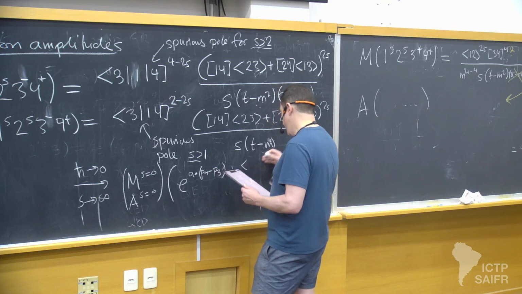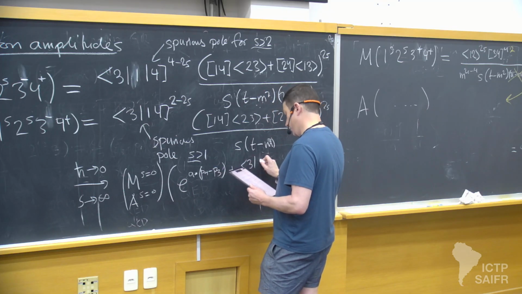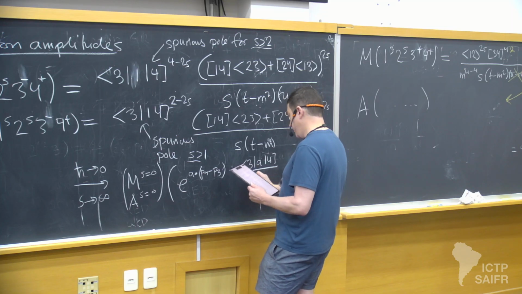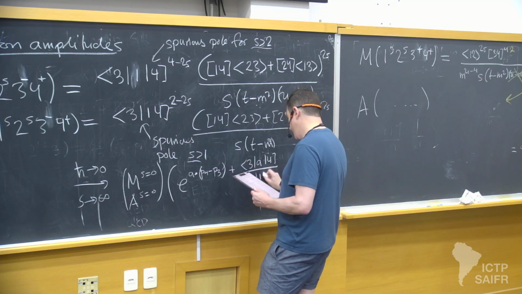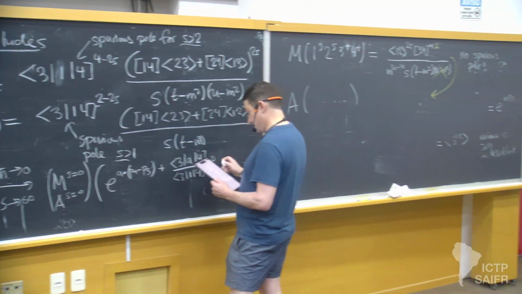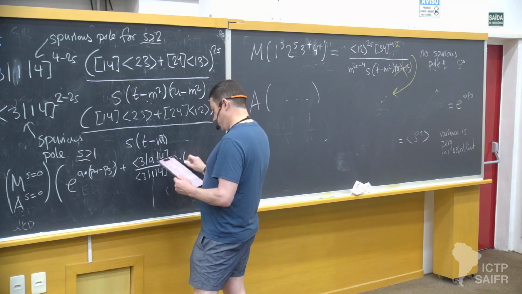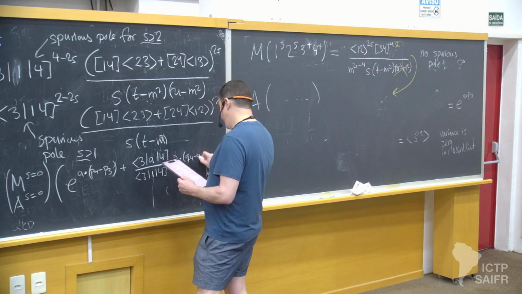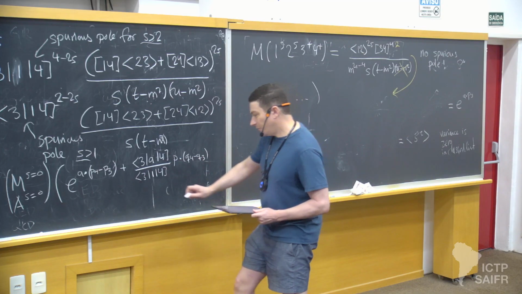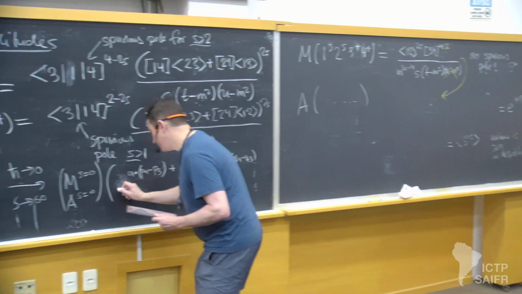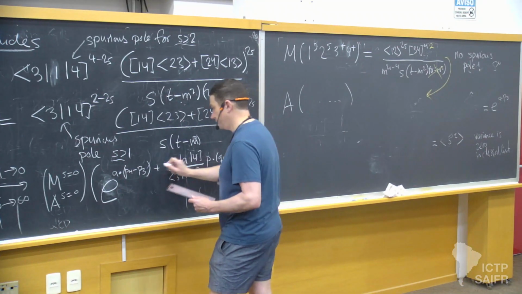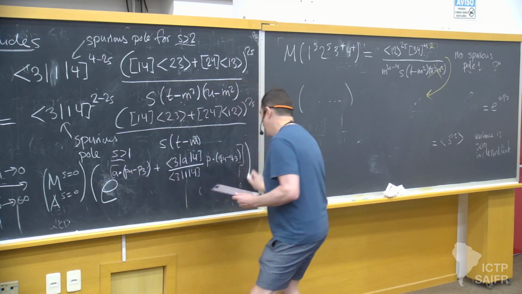Plus, and then you get 3a4, 3 1 4, and then p dot q4 minus q3. Yeah, it's not obvious. All of this is sitting in the exponent. So let's write a big exponent. Okay.